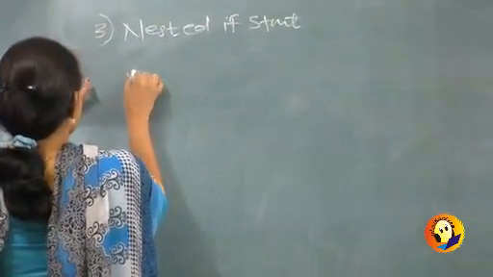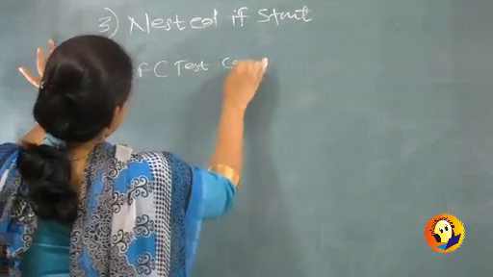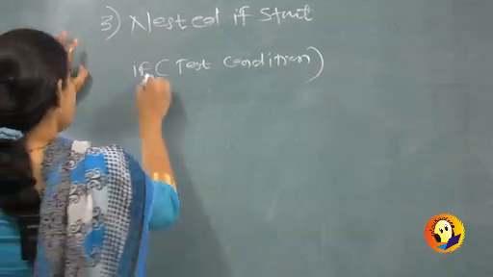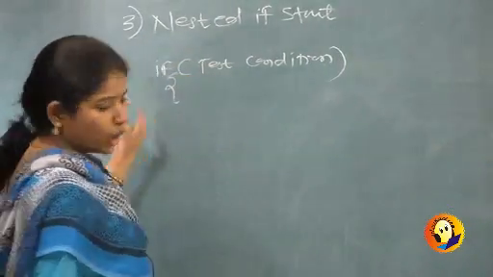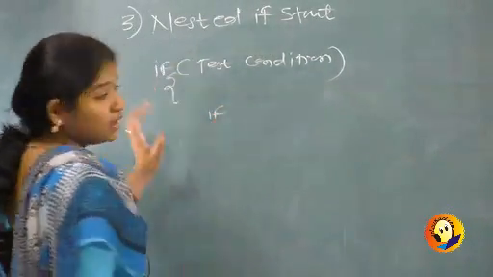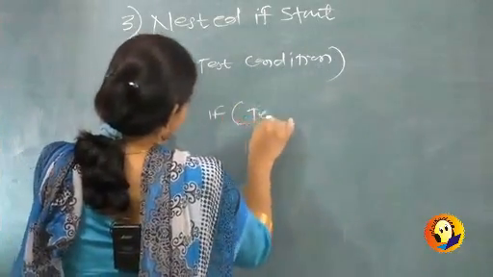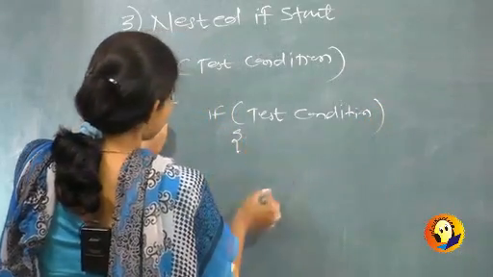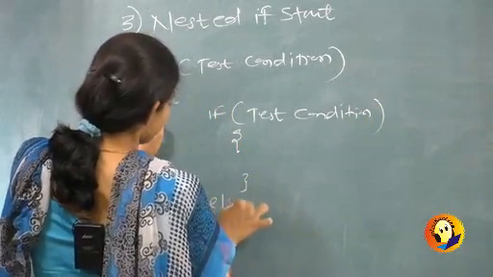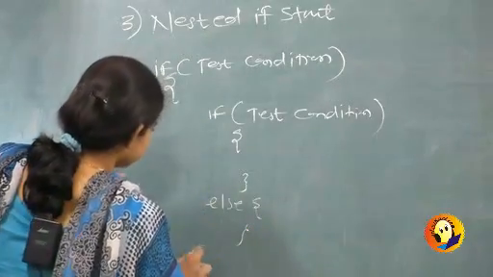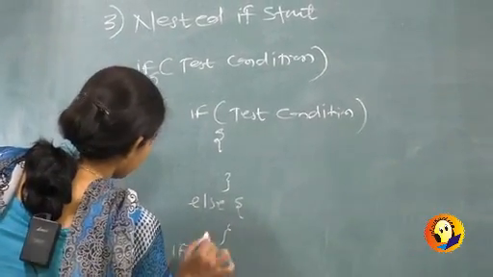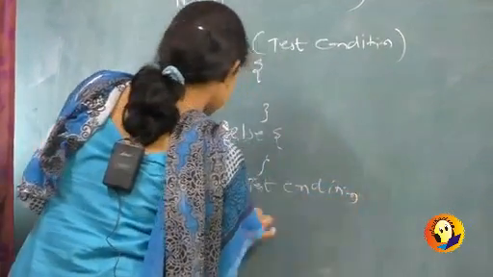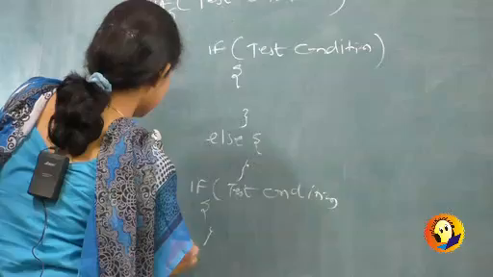Syntax for this: if test condition, if this particular condition is satisfied, it will enter inside the if block, and in that if block one more if block is present. So if this condition is satisfied, or if this condition is not satisfied, or one more if is there, if test condition, after that for if else.